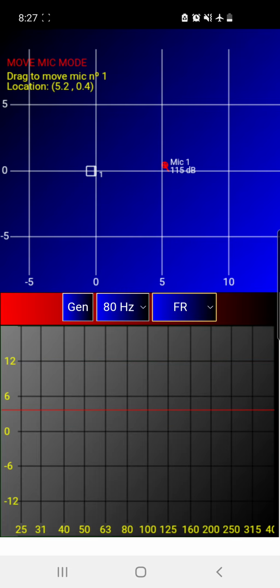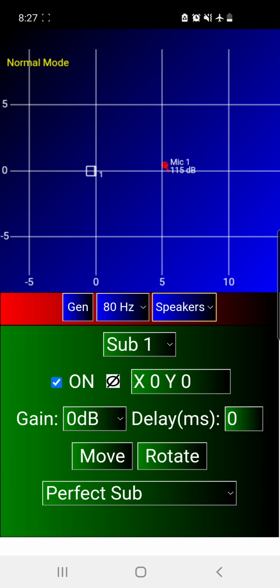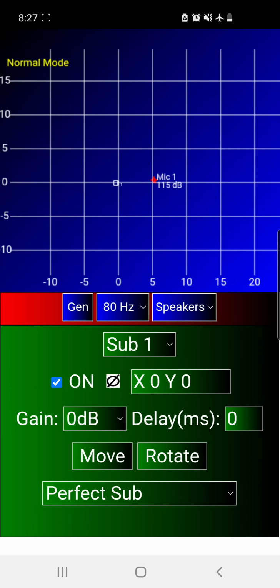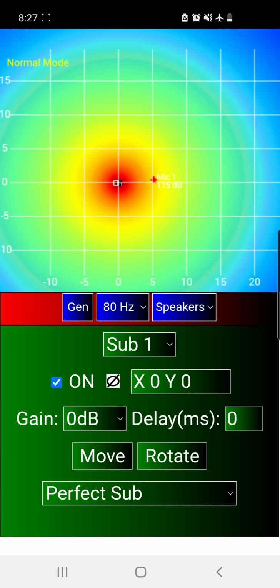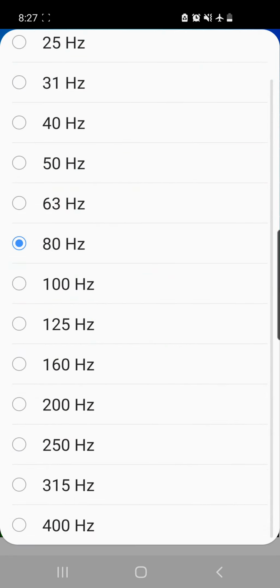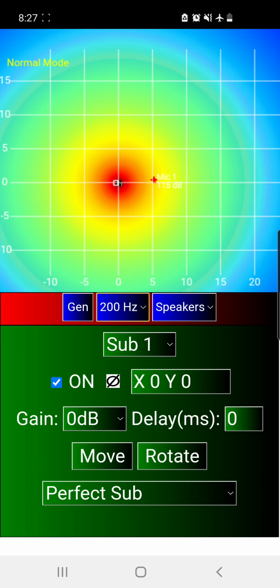In other words, no matter what frequency I choose, I will always get a perfect omnidirectional pattern. No matter if it's 200 hertz. See, it's always the same, always omnidirectional.